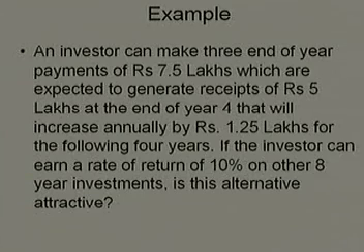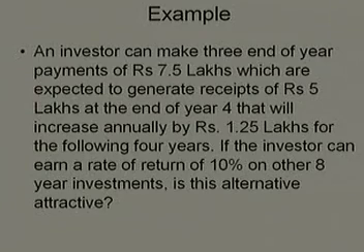Now, for the first investment alternative, it says that 7.5 lakh you have to pay, for how long? For 3 times. That means, you have to pay at the end of year 1, end of year 2 and end of year 3, and now this investment is going to give you rupees 5 lakh at the end of year 4, which is going to increase annually by rupees 1.25 lakhs.